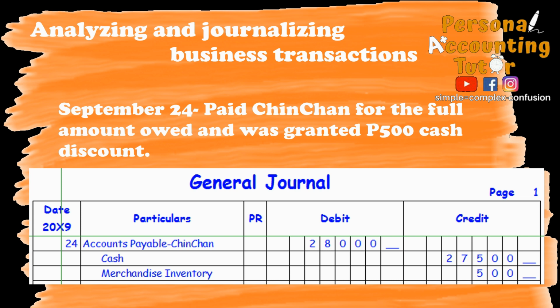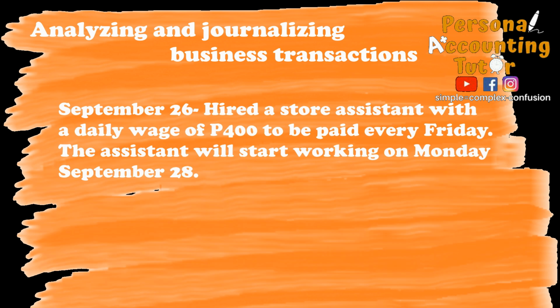But since we are using the perpetual inventory system, we will have to replace the account with the account title merchandise inventory. Why this is 28,000? Because the accounts payable to Chinchan is actually 28,000.